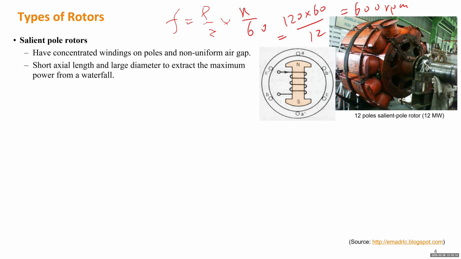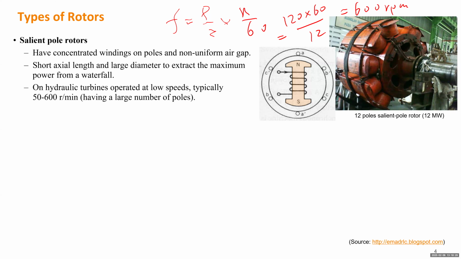So such rotors usually have a short axial length but a bigger diameter, because salient pole rotor generators are typically utilized in hydropower plants. When the water flows through the turbine and the rotor, the speed cannot be too high.